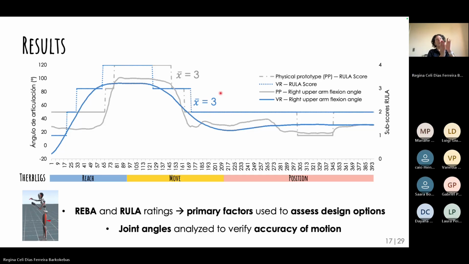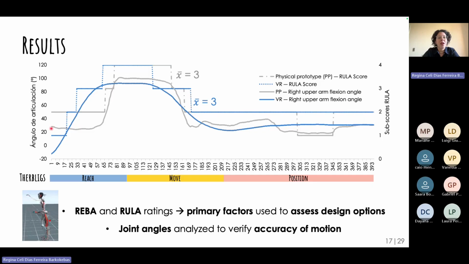But if in the virtual reality they are, I don't know, at 19, and in the real environment they are at 5 degrees, the motion is not equivalent, even though the risk score would be equivalent. And at some points, if I'm too close to the threshold, this difference could impact my results. So that's why I also need to verify the joint angles and see if they had a similar motion.